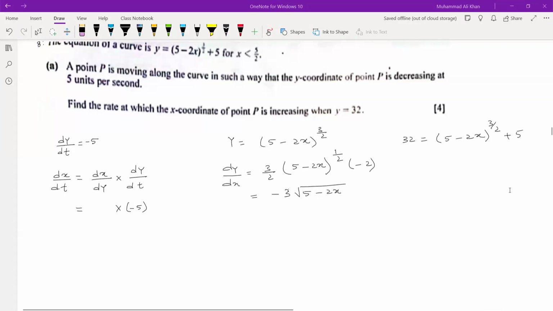So (5 minus 2x) whole power 3 upon 2 equals 27. And now 5 minus 2x, 27 power 2 upon 3 is 9. So 2x equals 14. And what is the value of x? The value of x is 7.